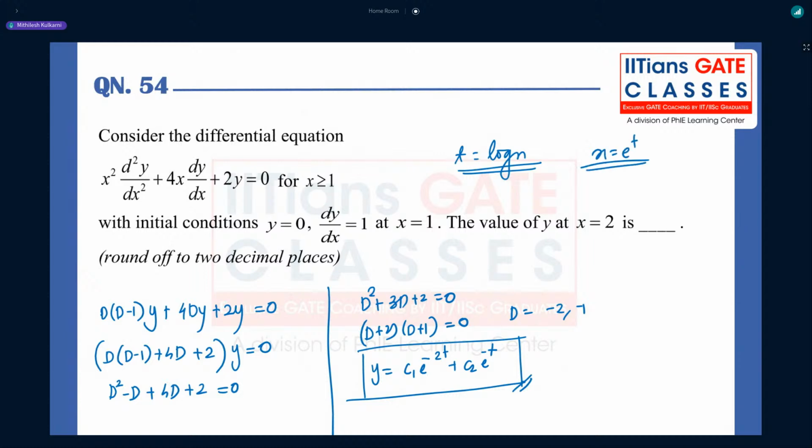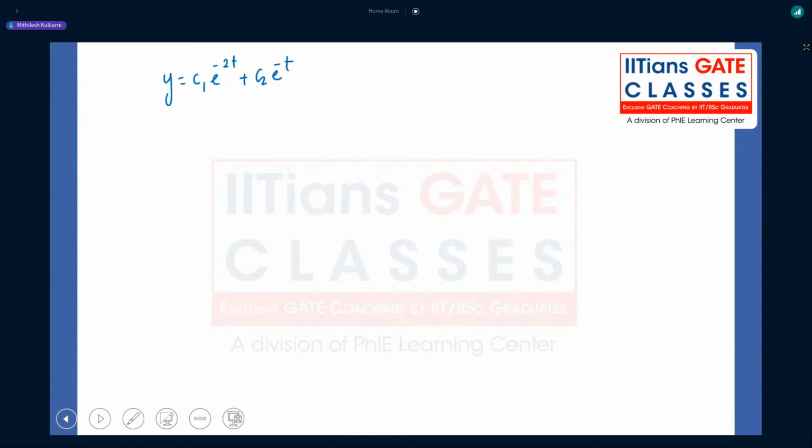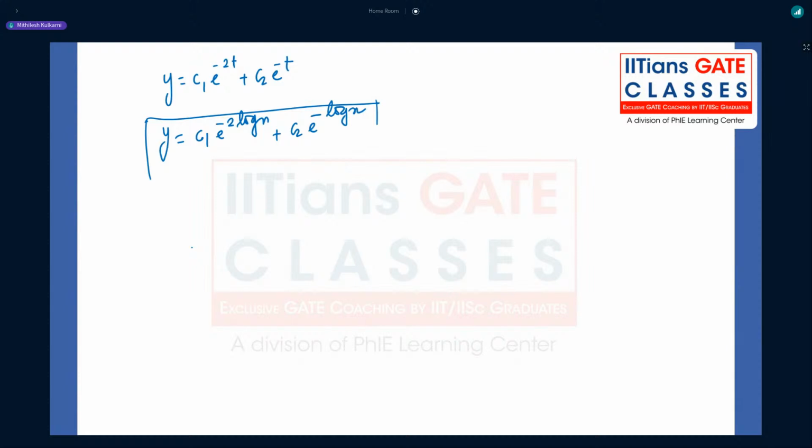So whatever solution you get here is in the form of t, and now you have to replace that t with the log of x. So y should be written as c1 e to the power minus 2 log of x plus c2 e to the power minus log of x. So this is the solution because our dependent variable is y and independent variable is x.